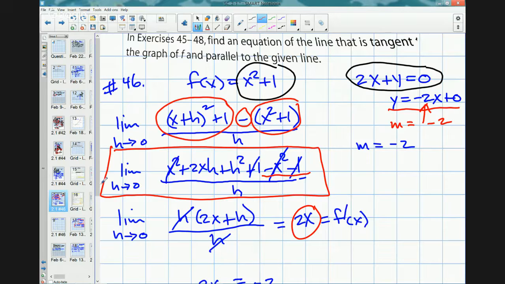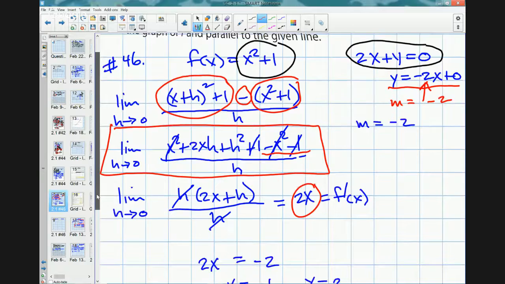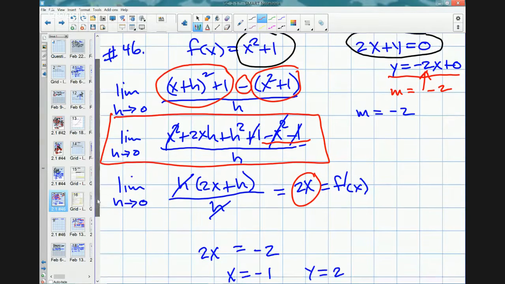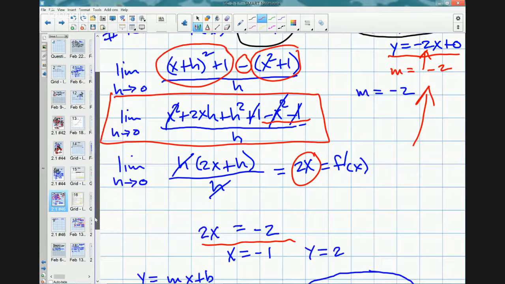All right, now we have to get the slope to come out to -2. So the next question is, when will 2x be equal to -2? Remember, we got that from up here at the top when they told us we had to be parallel to a line. So when will 2x equal -2? Well, that's really simple algebra. That's easy, when x equals -1.